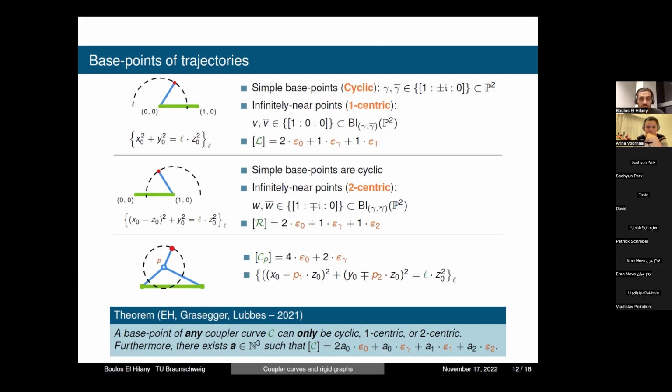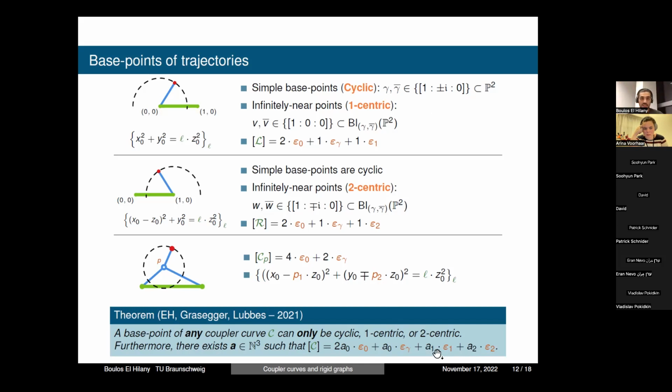Furthermore, there is a geometrical result on the intersection of the coupler curves with the line at infinity that says that the degree of the coupler curve is always twice the multiplicity of the cyclic points plus some multiplicity of the one-centric and the two-centric ones.